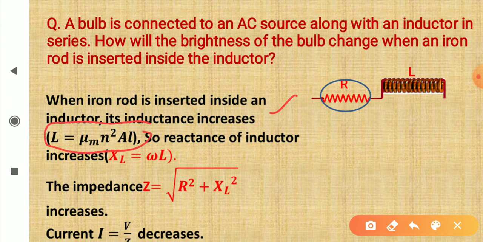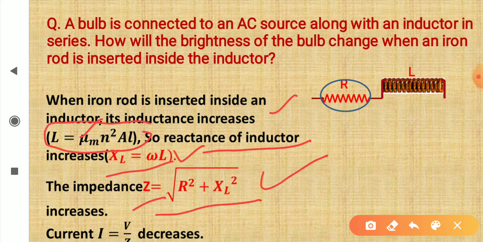L is mu m, that is permeability of core, n square Al. So this mu m is more for iron, so L increases. So if L increases, the reactance of inductor omega L will increase. So when the reactance increases, the impedance in circuit under root R square plus XL square will also increase.